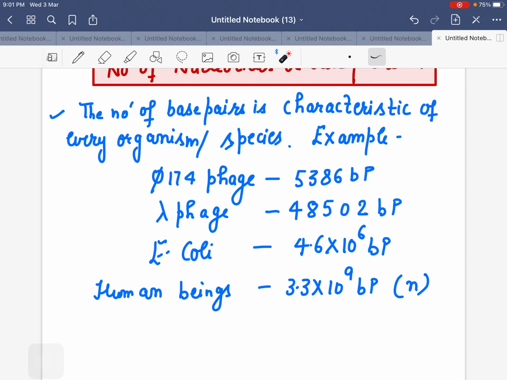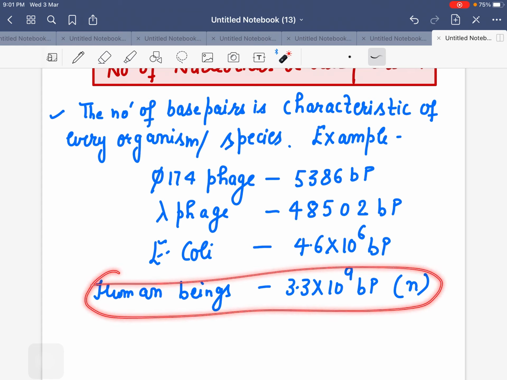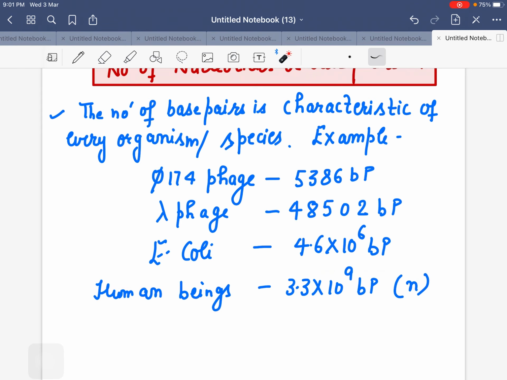The number of base pairs is the characteristic of every species. Every species has its own number. For human beings, the haploid number is 3.3 × 10⁹ base pairs, and if diploid, it will be 6.6 × 10⁹ base pairs.